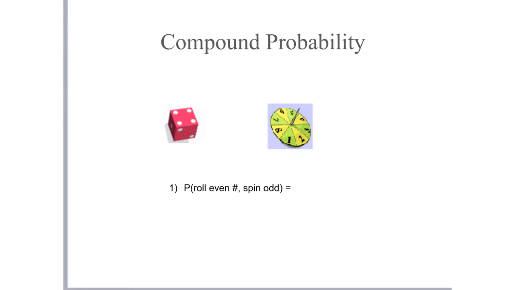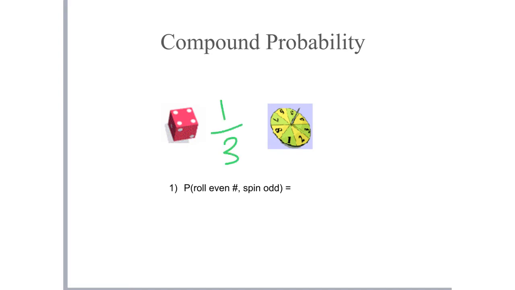So here's an example. What's the probability of rolling an even number with a die and spinning an odd number? Well, when we look for the probability of it, we just have to take the probability of each event. So the probability of rolling an even would be 2 out of 6, or 1/3.